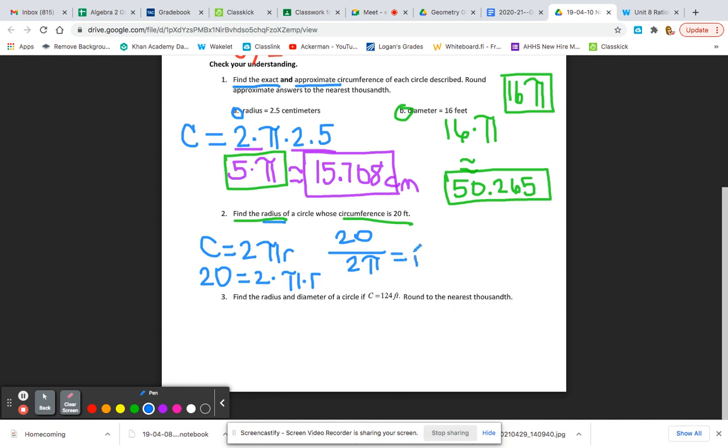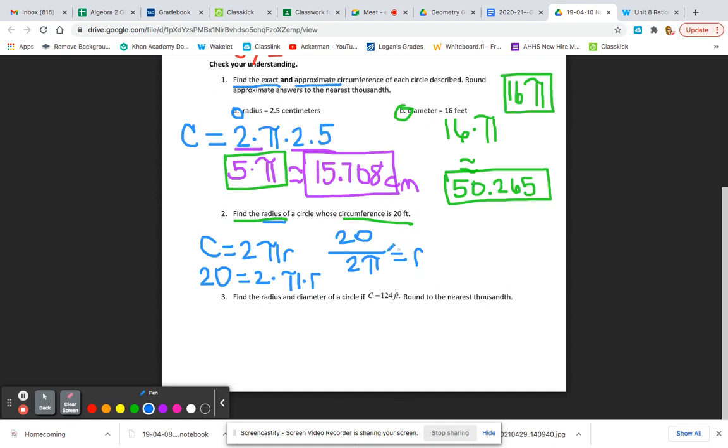Our calculators are pretty smart nowadays, and so we can actually do this all in one go. The 20 divided by the 2 is 10, and then 10 divided by pi. Again, make sure you're using the pi button on the calculator.